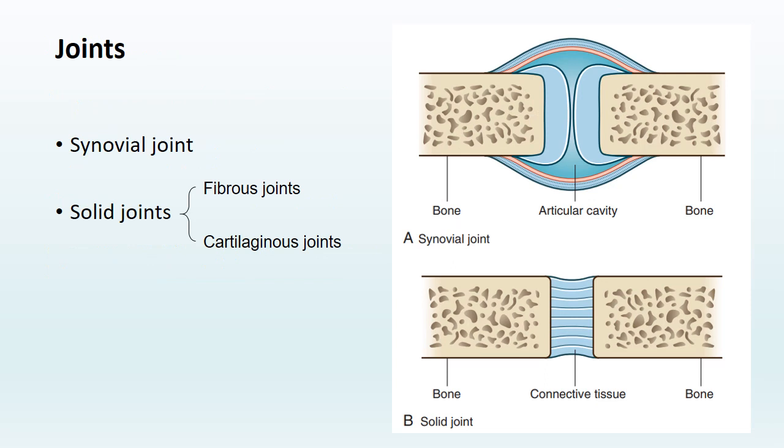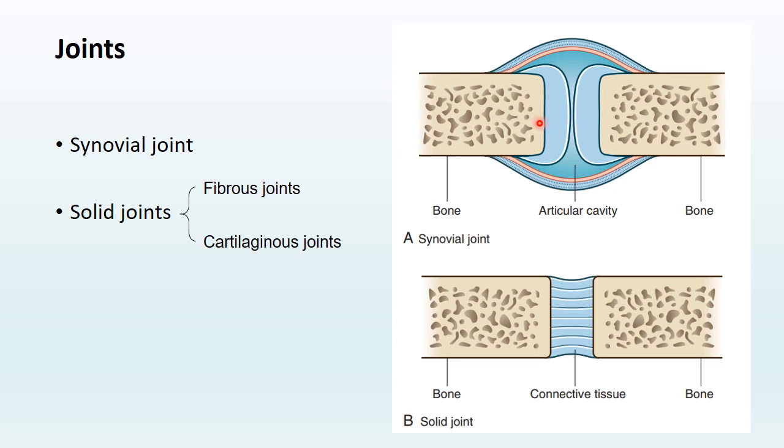Our third subject is joints, المفاصل. A joint is defined as the area where two or more skeletal elements come together, and these skeletal elements are usually bones. Regardless of whether there is movement or no movement, we call this area a joint.